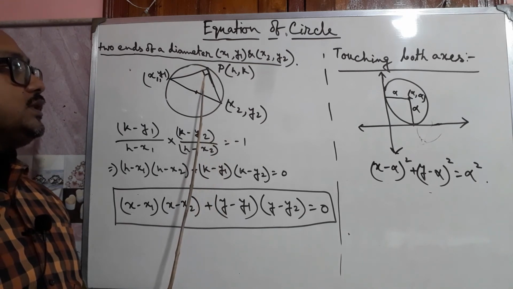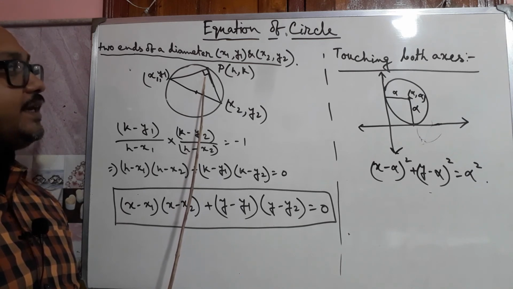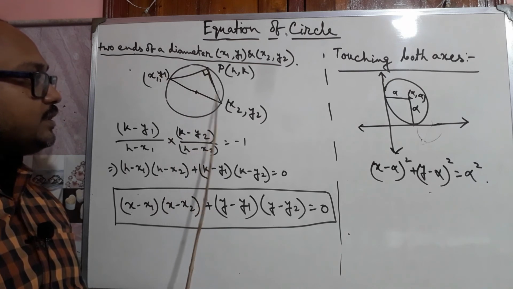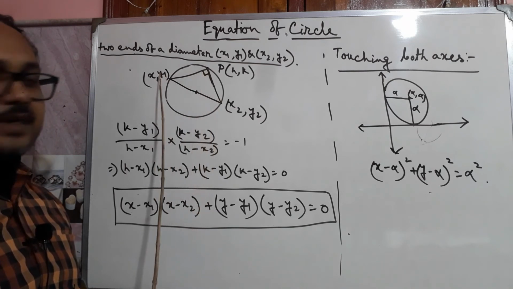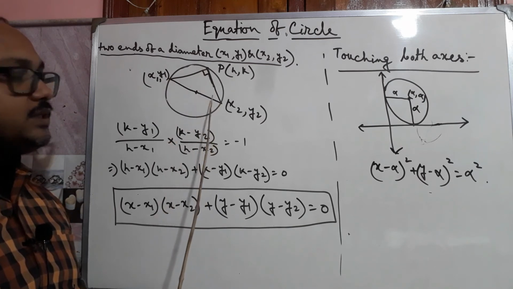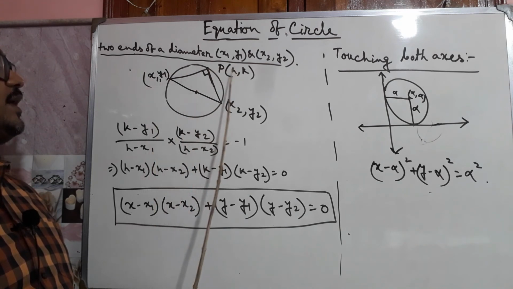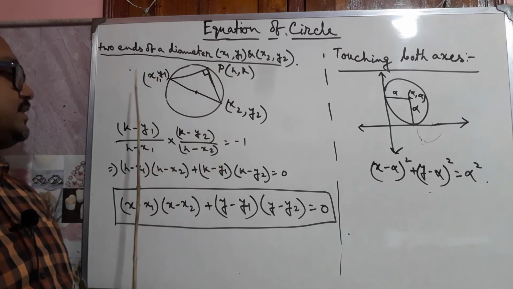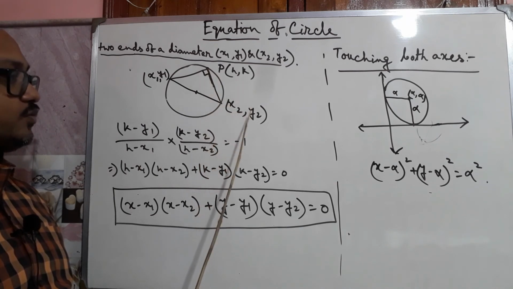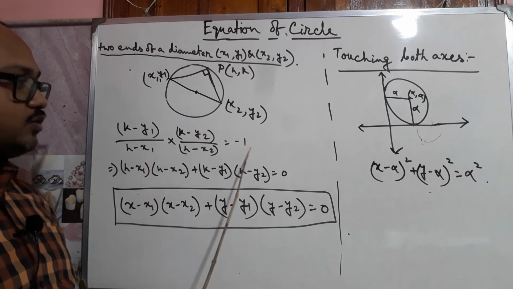The angle formed here is a semicircular angle, that is 90 degrees. So, these two straight line segments are perpendicular, so the product of the slopes is minus 1. Now, the slope of this straight line is (k minus y1) by (h minus x1), into the slope of this line segment, that is (k minus y2) by (h minus x2). The product of these two is equal to minus 1.